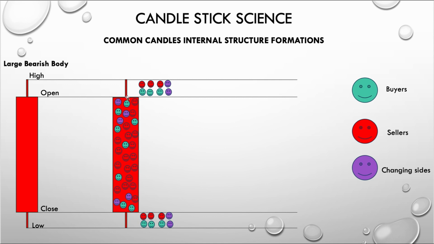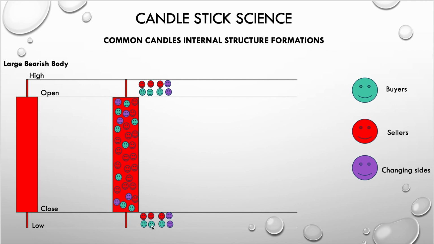But at the wicks of this candle, we have both buyers and sellers fighting for control. Here the buyers took the price up, but the sellers came back and pushed the price back down, aided by these purple faces who changed from buying into selling, to push the price back down to that area at its open.